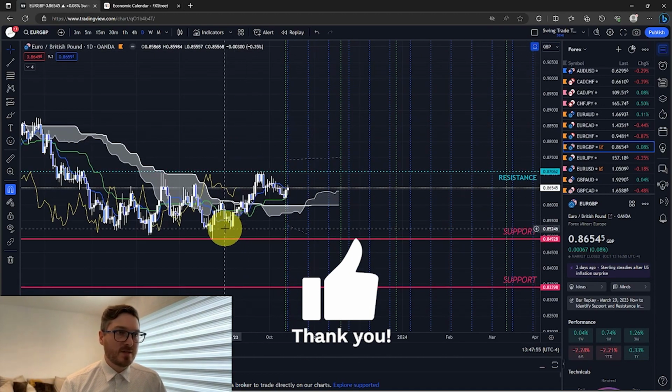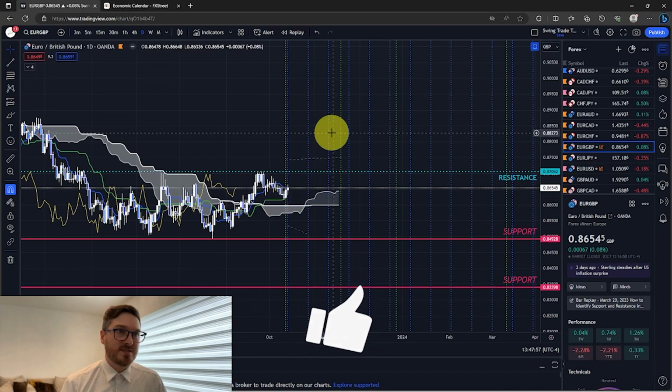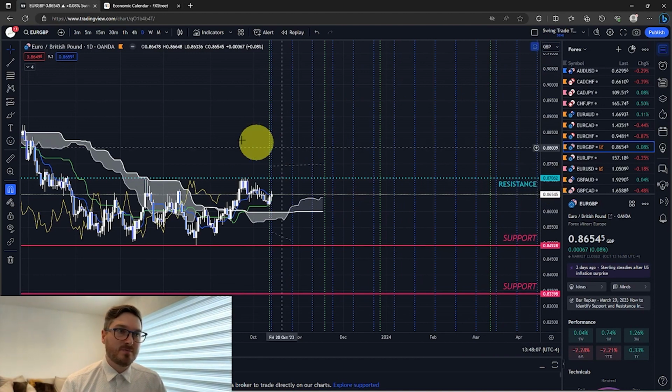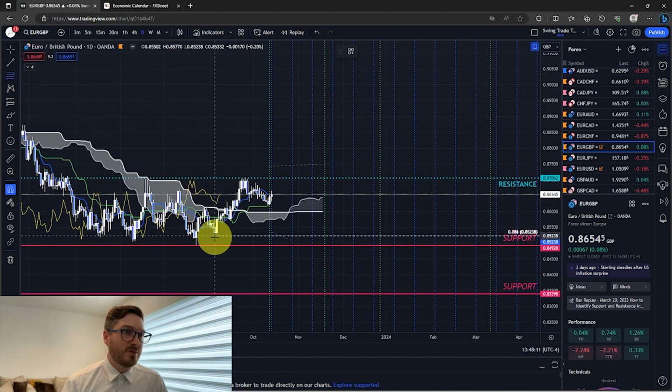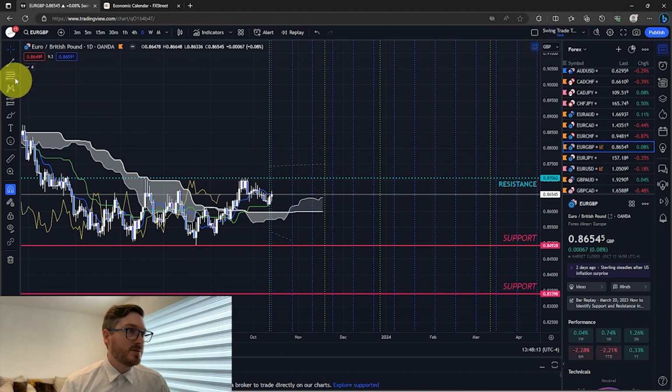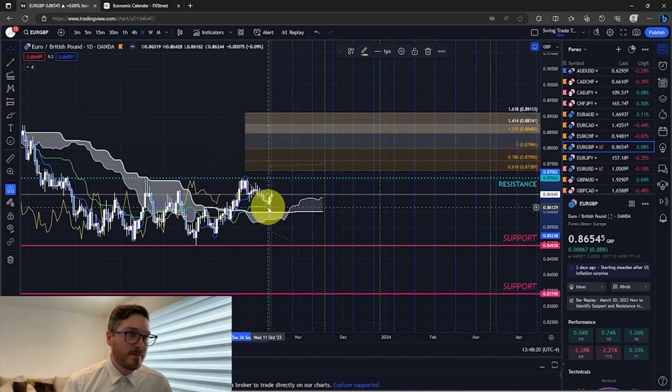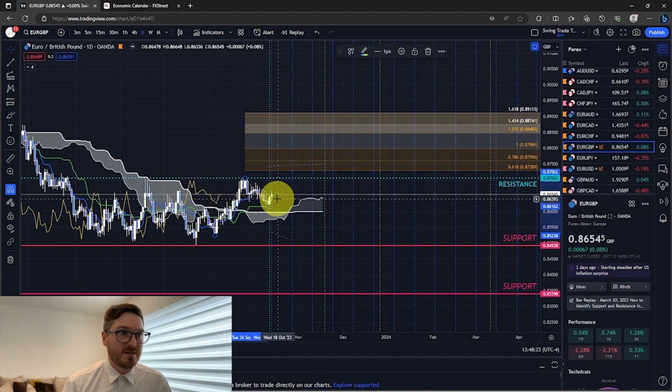But it does look like we could get an N wave up in the bullish direction. So we're going to need to wait until we get a break of the resistance level at the 0.87062 level. And if we get a break of that level, I want to draw an extension here. We could expect to target the 1.272 level, but I'm expecting more consolidation this week.